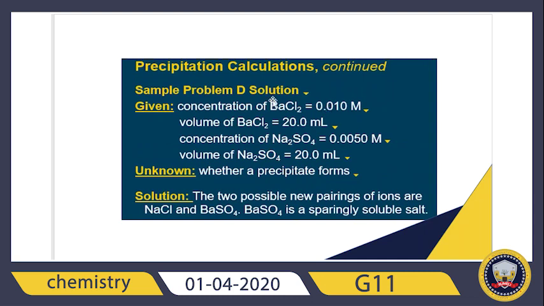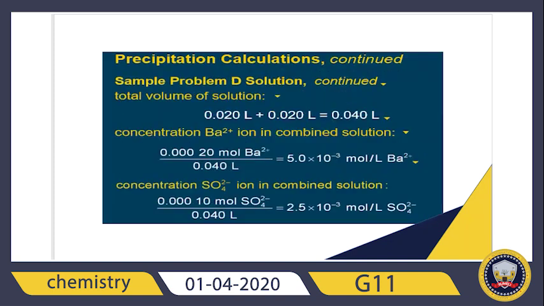From the molarity we can find the number of moles of each of the ions that will be released. We use the molarity of barium chloride to find the number of moles and then the concentration of barium ions, and we use the molarity of sodium sulfate to calculate the number of moles and the concentration of sulfate ions.